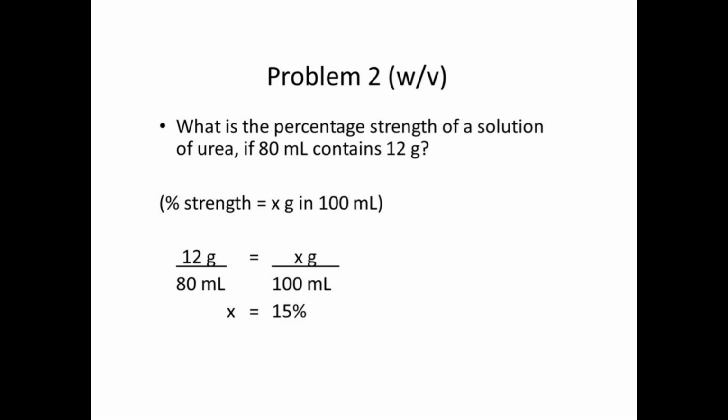What do you mean by 1%? 1 by 100. 80%, 80 by 100. Here we don't know what exactly the percent is, we have per 80 ml. So 12 grams is present in 80 ml. How much will be present in 100 ml? Simply 12 into 100 by 80, and that gives you 15%.